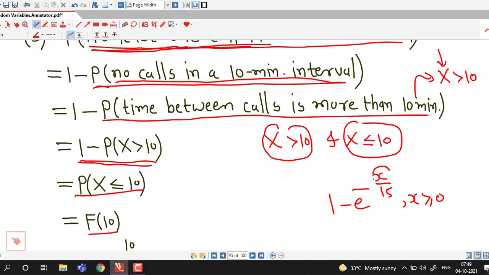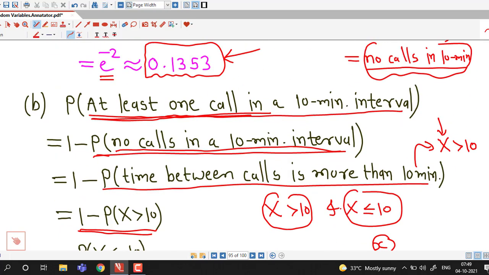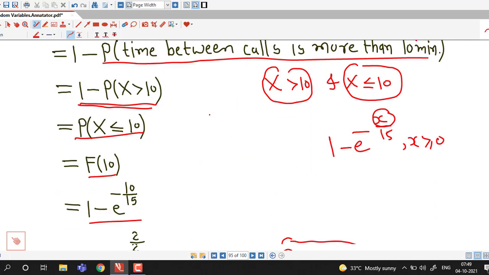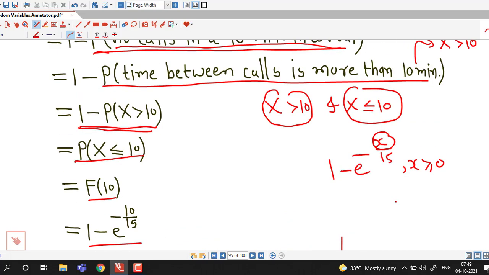So here we put x equal to 10 and we obtain our required probability. After simplifying, we obtain that the probability of at least one call in 10-minute time interval is 0.4866.